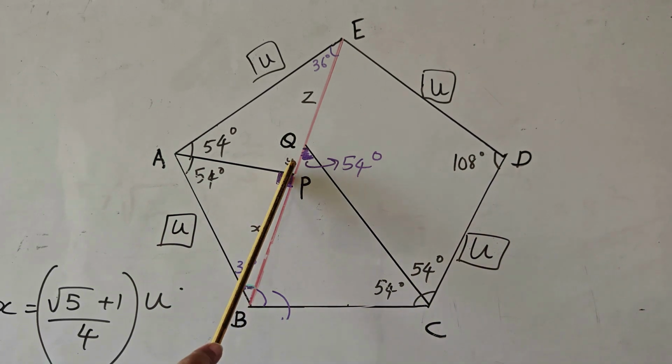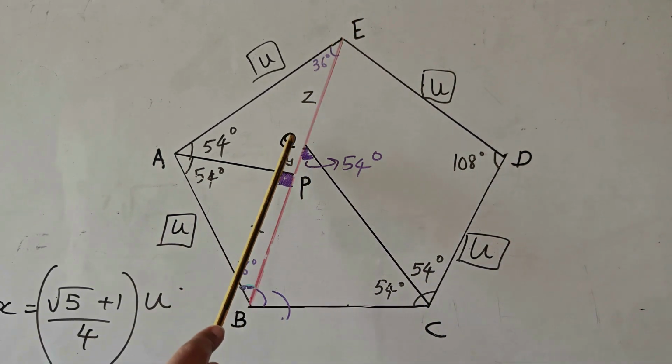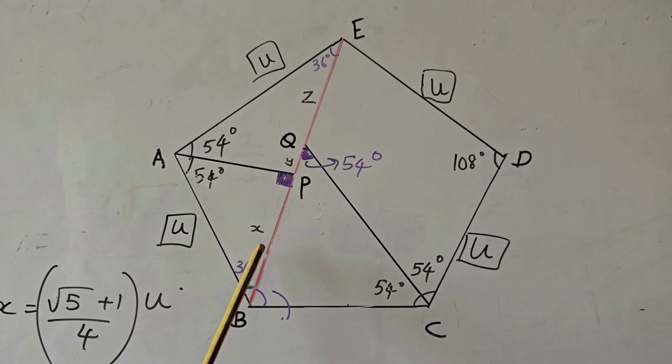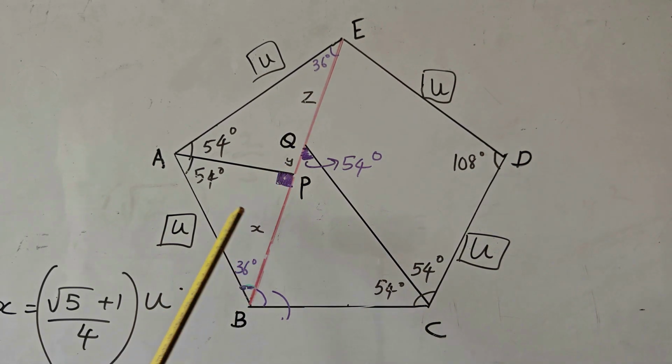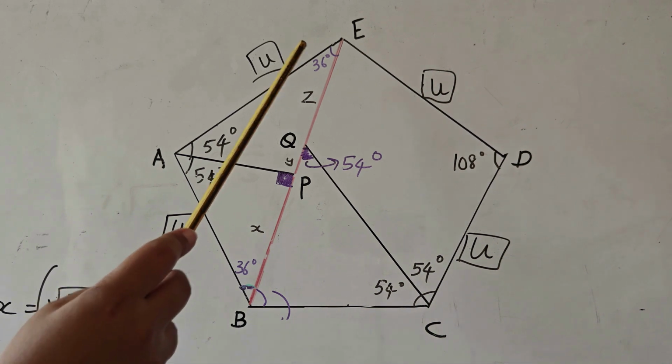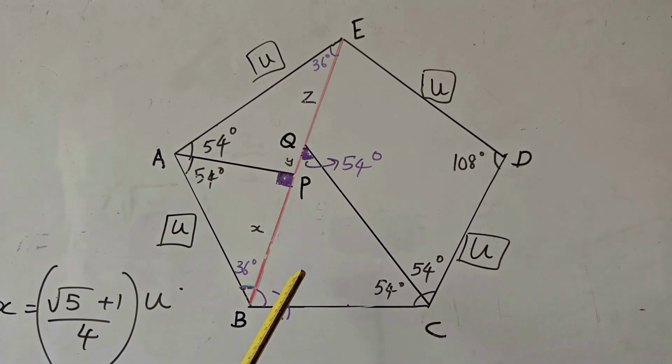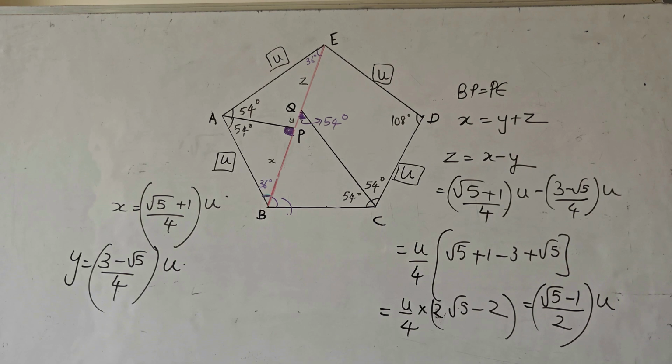Now, BP is equal to X, and PE is the sum of Y and Z. So I can say X is equal to Y plus Z. We know the values of X and Y, so we can find the value of Z. After the necessary calculations, the value of Z is found to be (root 5 minus 1) by 2 into U.